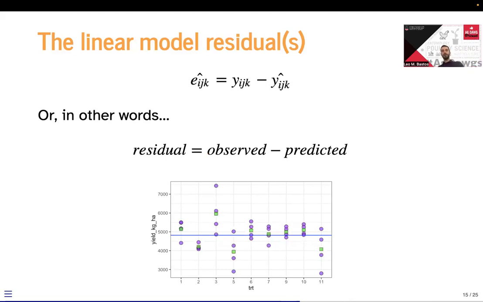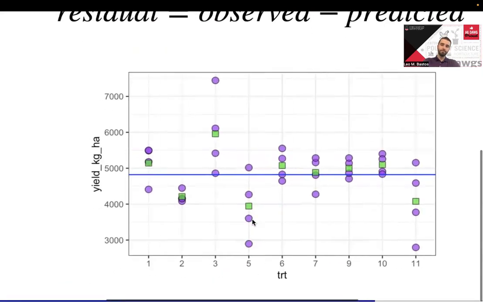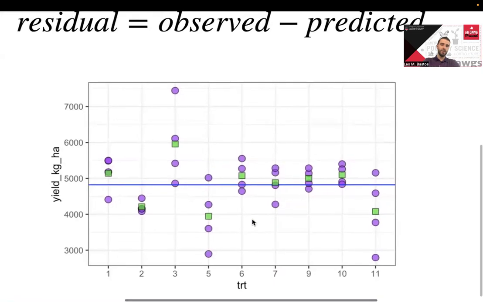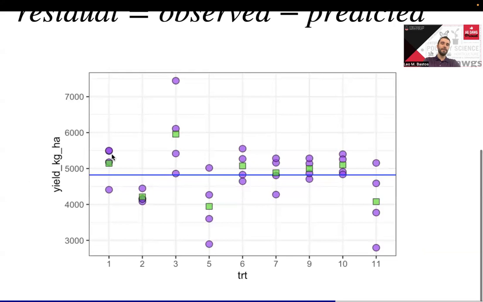I have a plot here that I want to use to demonstrate what's going on. Here we have treatments. We have all of our 9 treatments, even though the axis goes from 1 to 11, but we have nine points on the x-axis. And then we have yield for each one of those treatments.